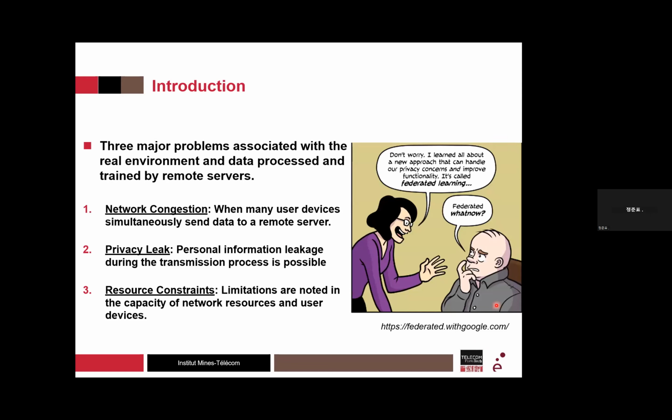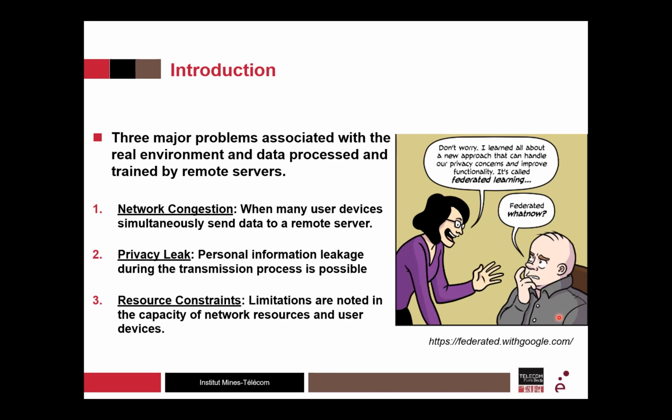There are three major problems associated with data processed and trained by remote servers in the real environment. The first is network congestion when many users' devices simultaneously send data to a remote server. And also there is the problem of privacy leaks, that is, personal information leakage during the transmission process is possible.